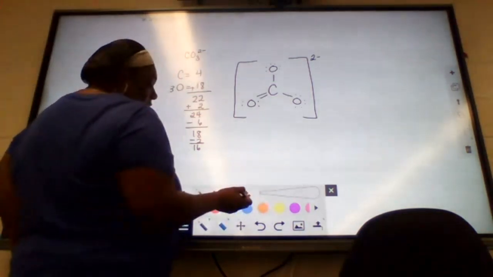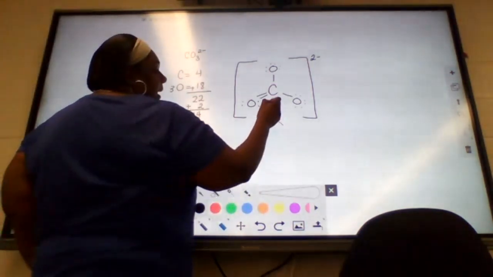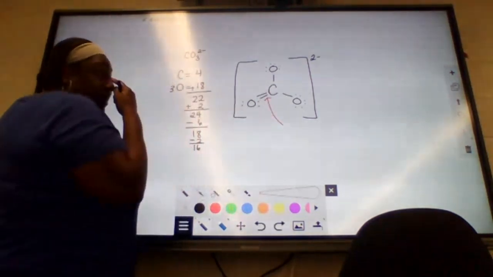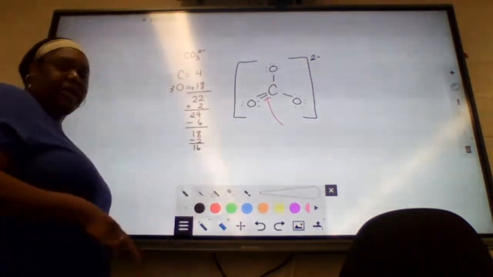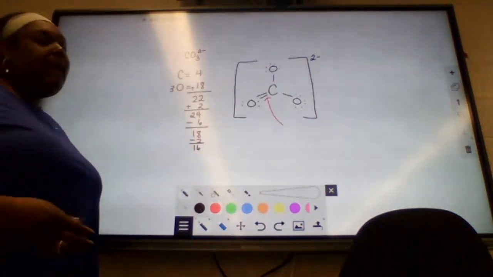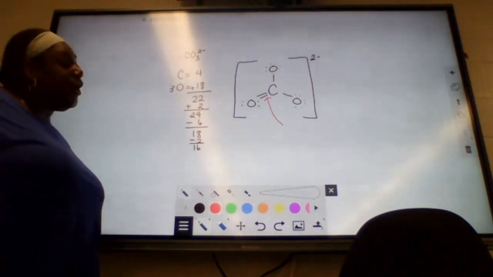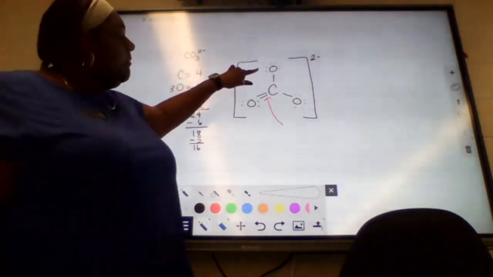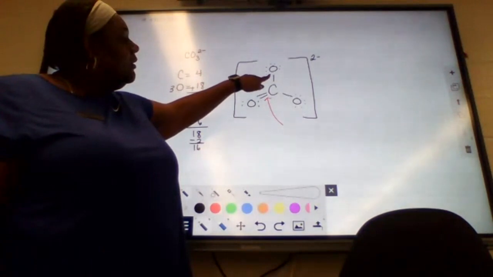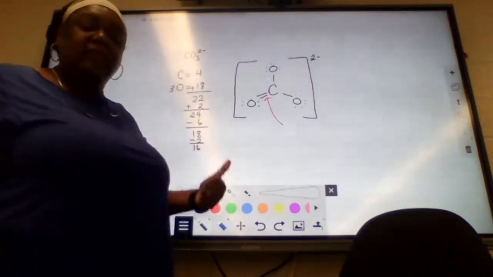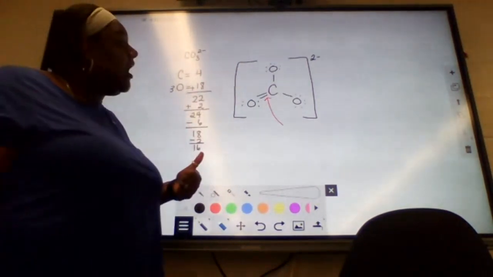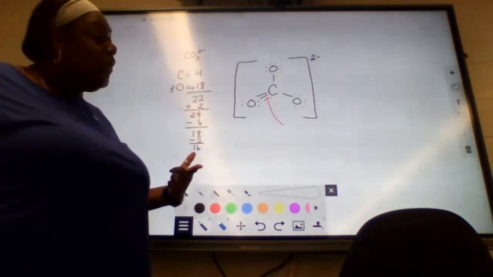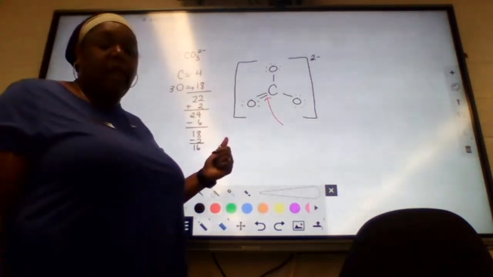Now, earlier I asked you the question of, did it matter where I put that double bond? And in my drawing, I said, no, it didn't really matter. But if you think about what we talked about earlier, please remember that single bonds are much weaker bonds that are very long compared to double bonds.